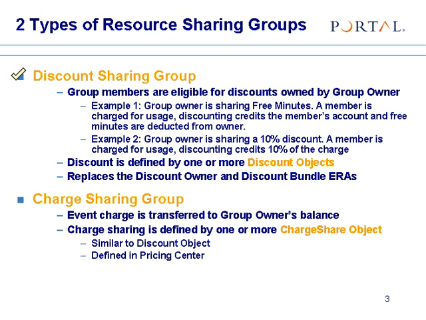For example, you can share free minutes. A member is charged for usage, but they would be using the owner's free minutes resources to credit their account, or you could do 10% discounts. A member is charged for usage, and then they'll get 10% off of their usage.